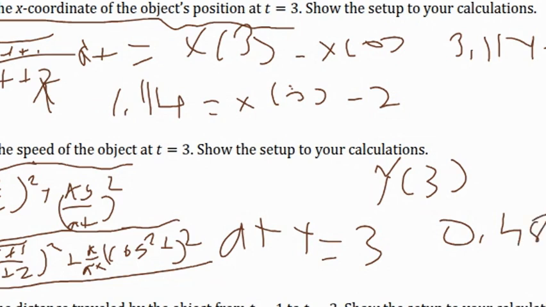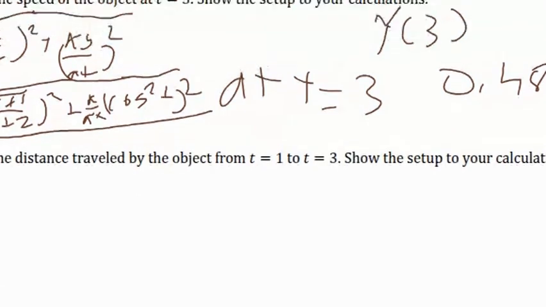Alright, for the next part of the FRQ, we're asked to find the distance traveled by the object from t equals 1 to t equals 3, and this is really easy. All you have to do is use your speed formula and make it an integral.